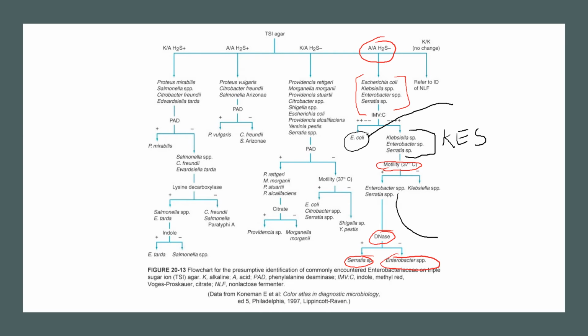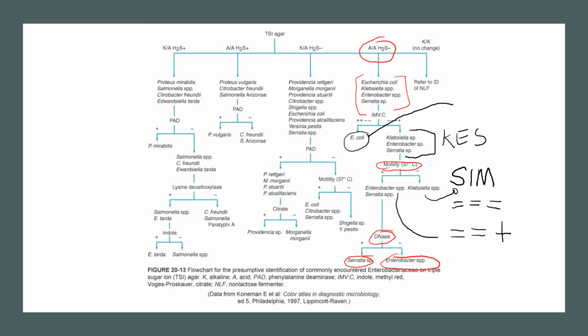Now, in the laboratory, we use one medium that will test three different biochemical characteristics of the organism, and that is called SIM, S-I-M. That stands for sulfide, H2S, indole, and motility.